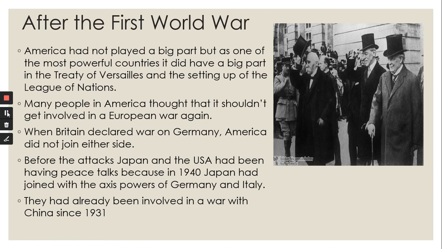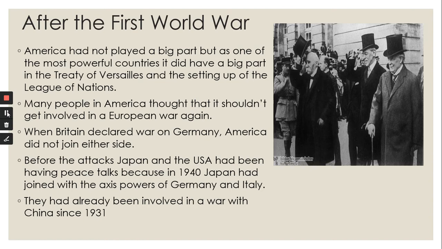So when Britain declared war on Germany, America didn't join either side. Not because they didn't like either side, because they've got huge ties to Britain, but they didn't want to be involved in a European war. So they thought if they didn't join either side, they could stay out of World War II.